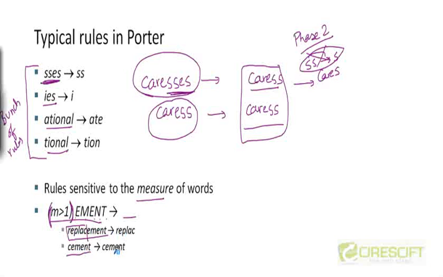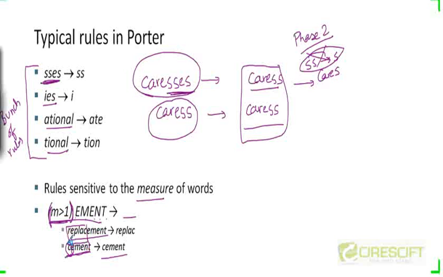But cement won't get converted because if you take out the EMENT, C has a length equal to 1, whereas the rule says the length should be greater than 1. If the length is not greater than 1, then the rule doesn't apply. So cement will remain as it is. And you can see why this is the case.